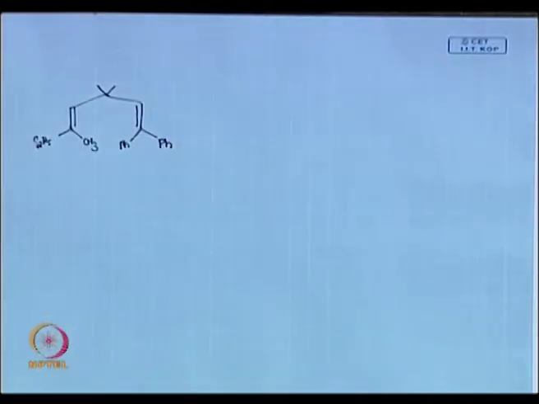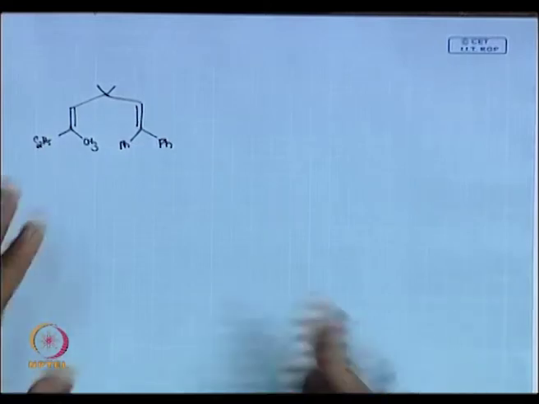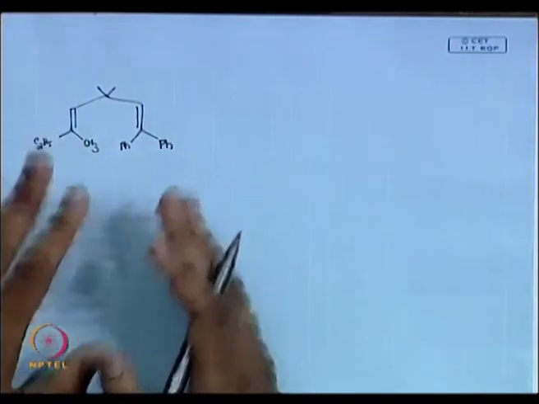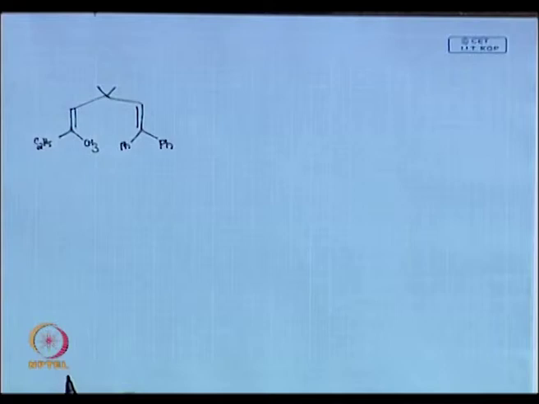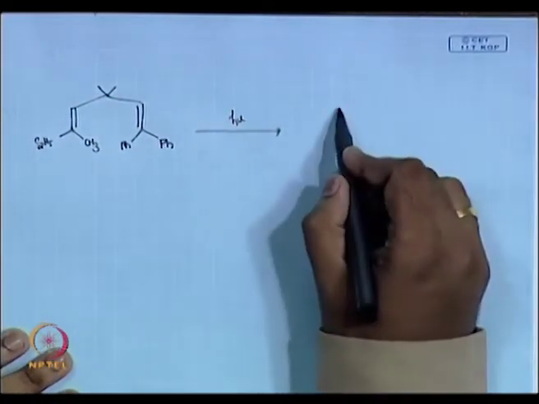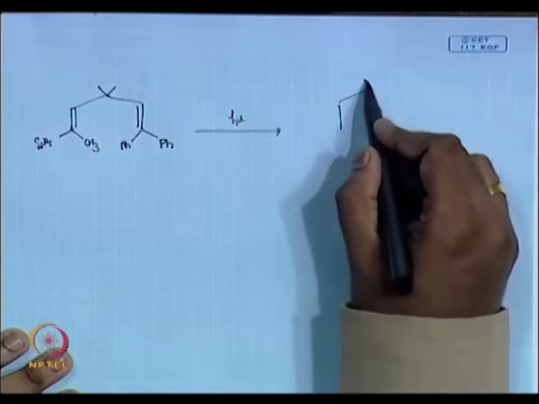Take a system where now both of your alkene substitutions are not the same, they are different. This side I have a phenyl and this side I have ethyl and methyl. So, here it is not like a simple di-pi-methane reaction. So, if I photolyze this, again you will say, yeah, you will get your 1,4 diradical.